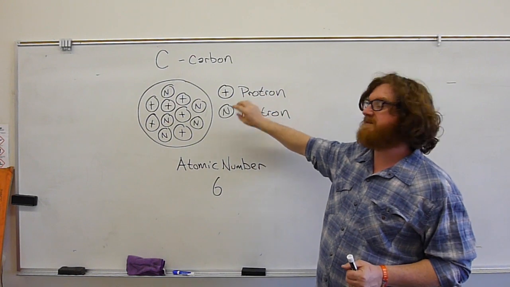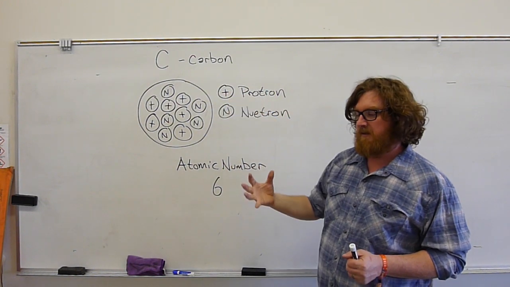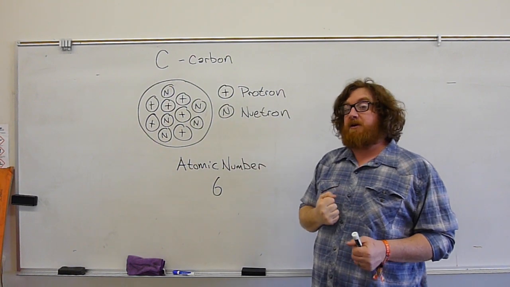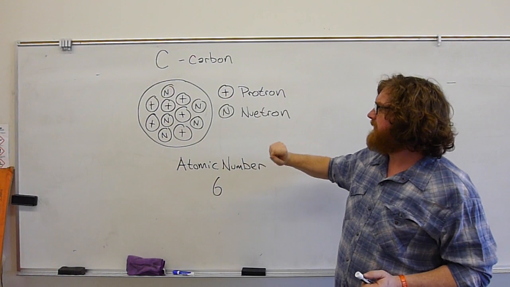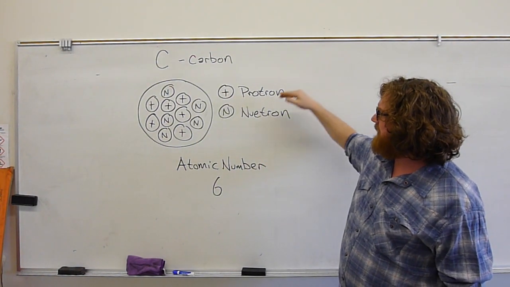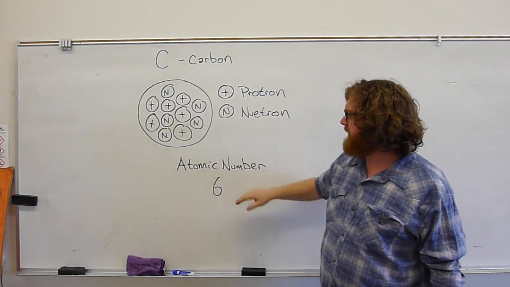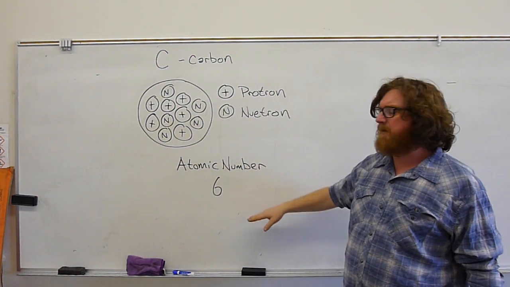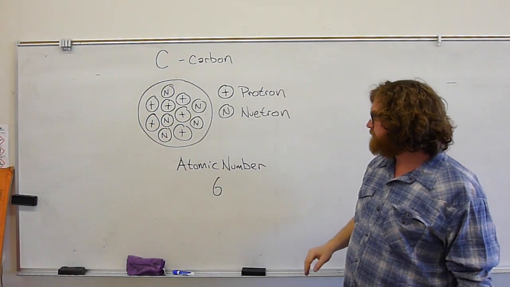But an interesting way to think about a neutron is that it's essentially a proton that's captured an electron, is kind of holding it inside, so its charge is canceled out. We don't need to go too deep into the weeds there. So again, protons shown here with little plus signs, neutrons shown with the letter n, and we're just looking at regular carbon. So carbon is atomic number 6.